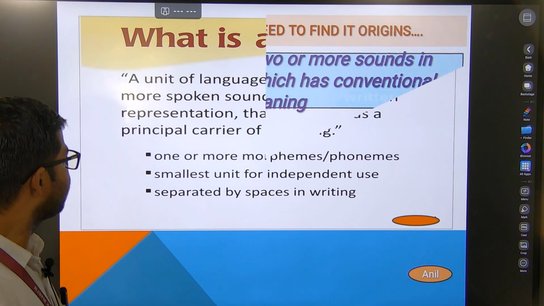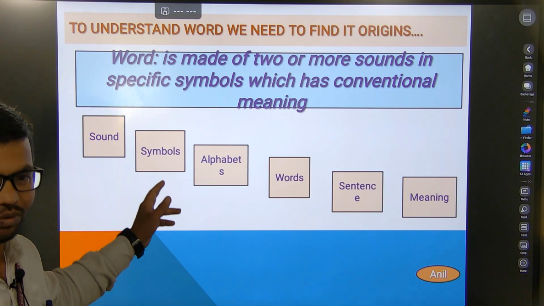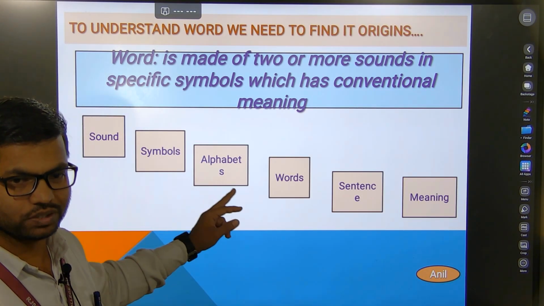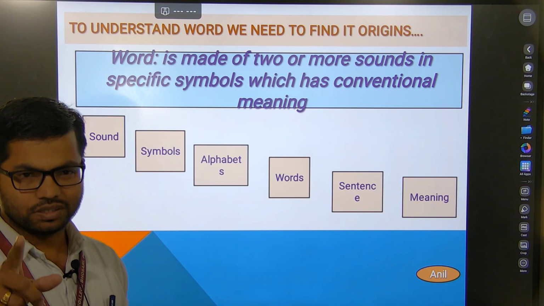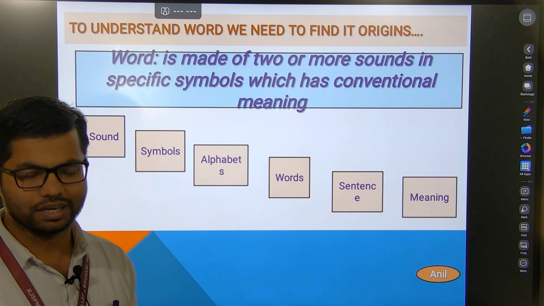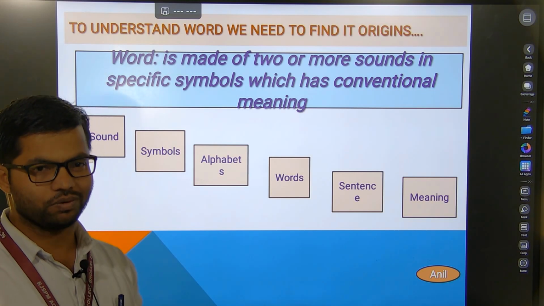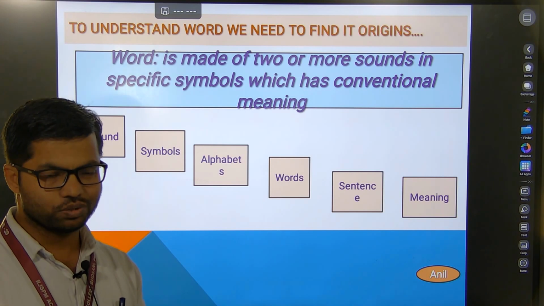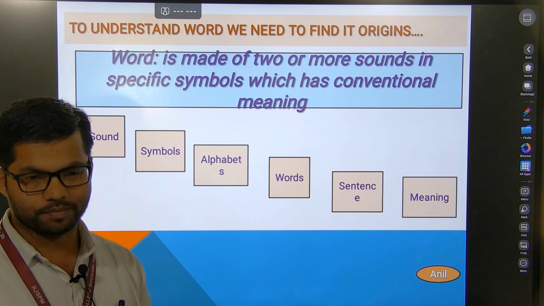So, considering that, this is the development: sound, symbol, alphabets, word, sentence and meaning. A word is made of two or more sounds in specific symbols which has a conventional meaning. It is a somewhat definition of language. Language itself is a system of symbols which has their own conventional meaning in a specific society.